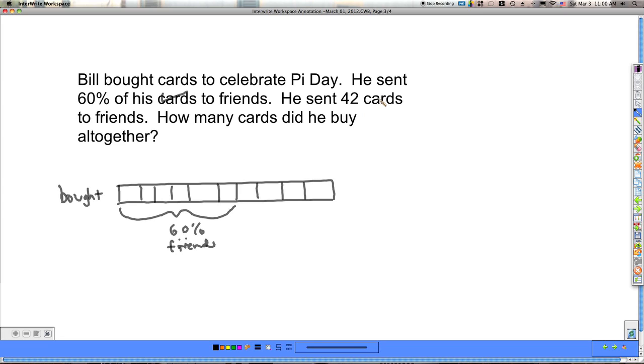He sent 42 cards to friends. Hopefully you realize that that amount matches the 60%, because that's the amount that he sent to friends. So that amount goes right here. So 6 units are equal to 42. So 42 divided by 6 equals 7. Each of these has 7.